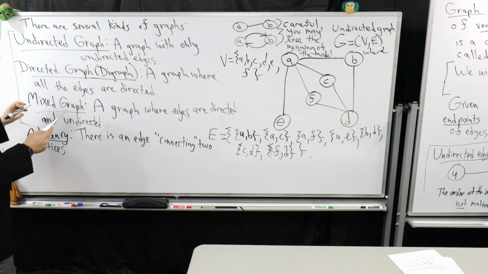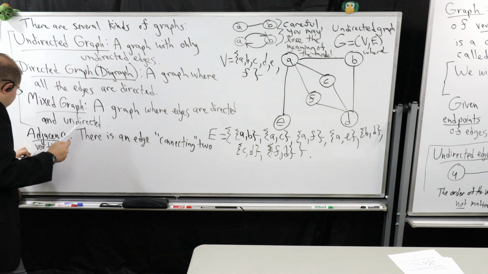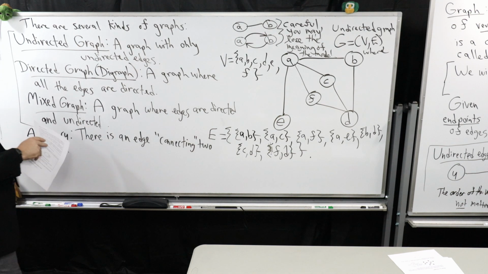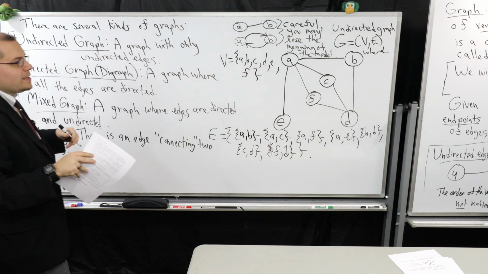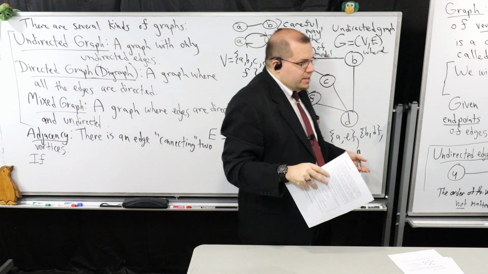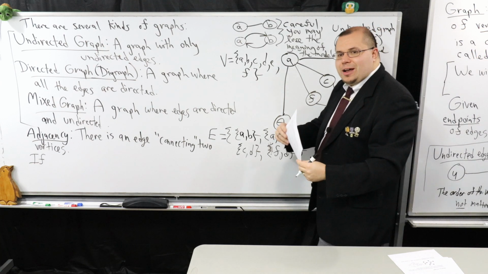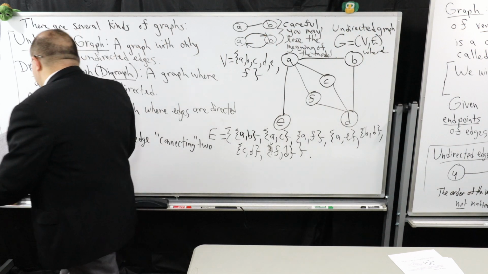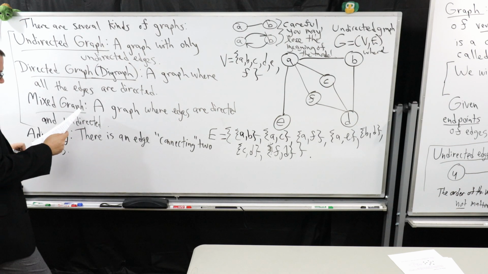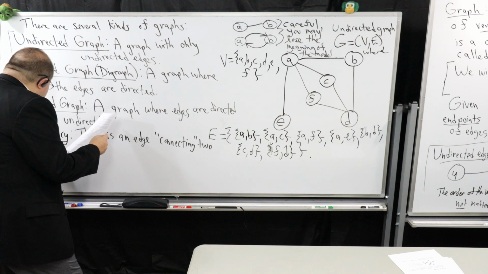I'm going to keep things broad first and use the rounded parentheses more broadly. Then I'll say, okay, in a directed graph, this means blank. In an undirected graph, this means blank, just to be clear.